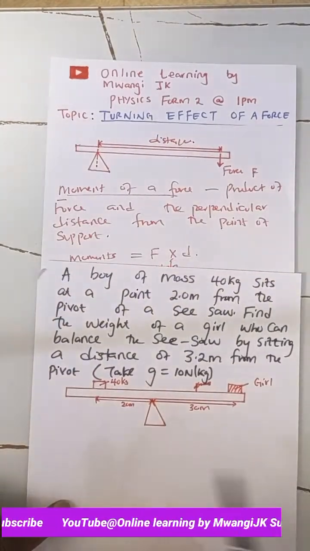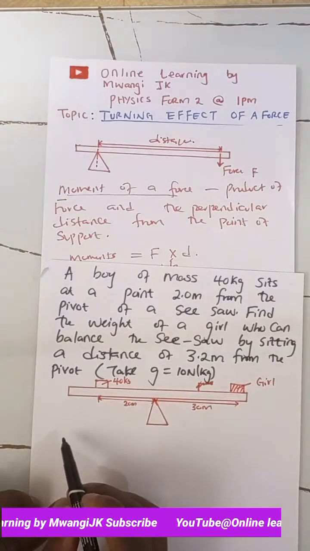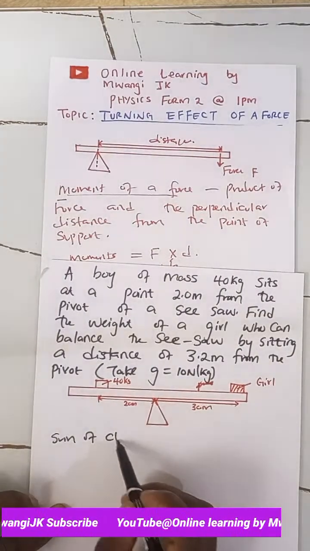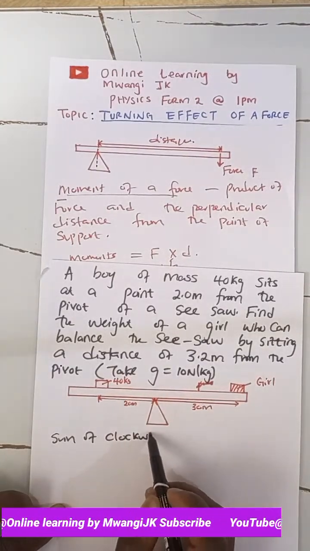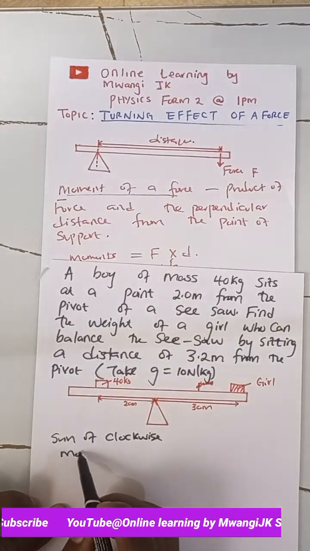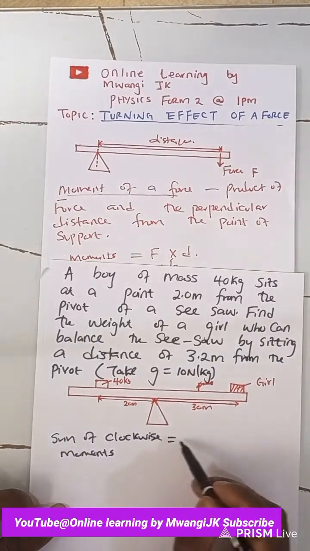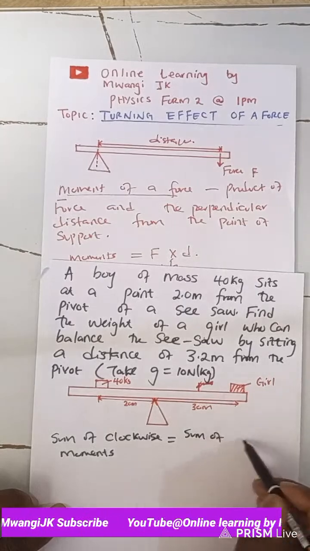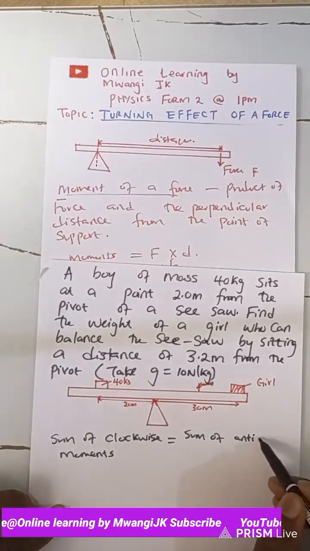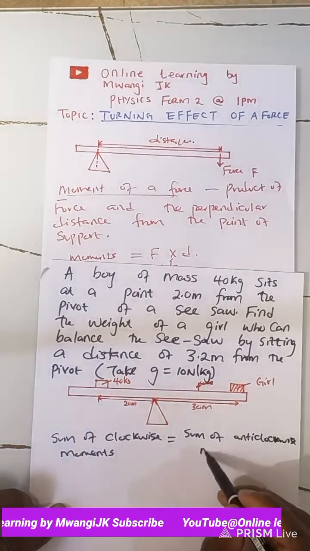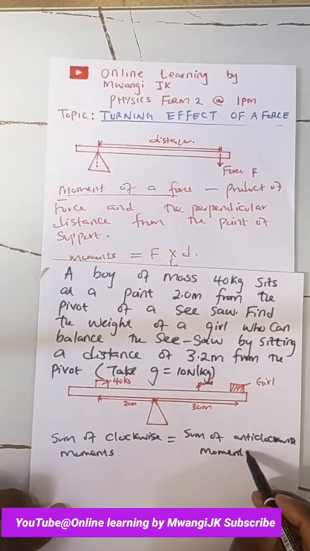So the formula we are saying: sum of clockwise moments is equal to sum of anti-clockwise moments.